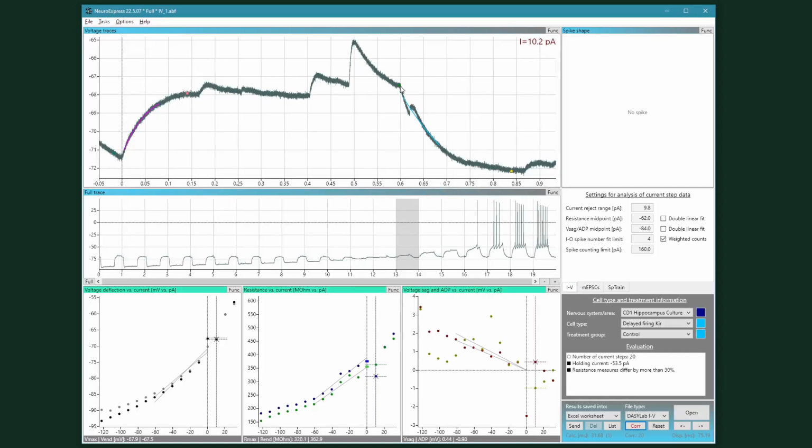Also, at the steady state membrane potential level, this EPSP did not fully decay. And I would expect that the membrane potential will go to minus 68 millivolt or something like that. I can move this point down here. So now I corrected these two points.